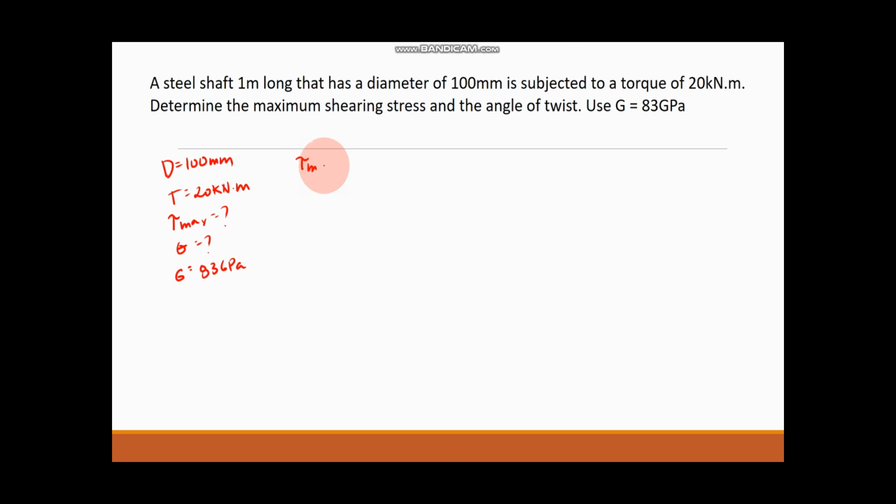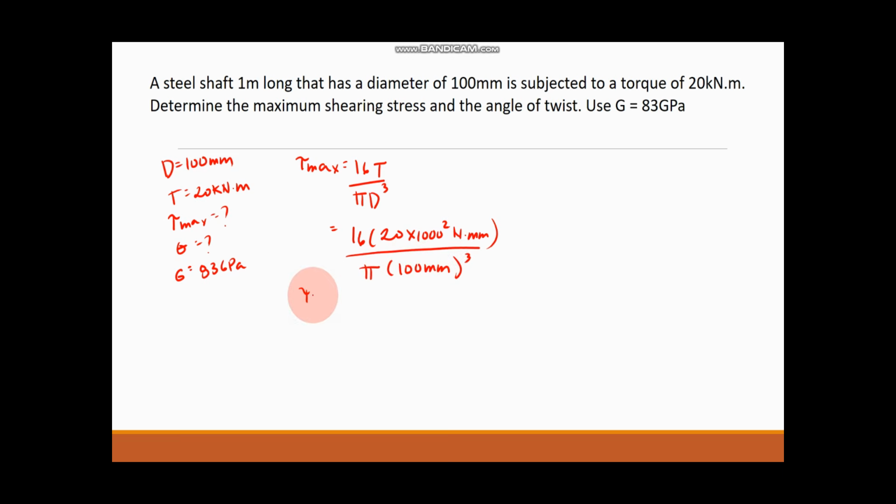Our formula for the maximum shearing stress is equal to 16 multiplied by torque divided by pi d cube. So substitute lang natin 16, which is 20 times 1000 squared newton millimeter, pi, and then the diameter is 100 millimeter raised to 3.